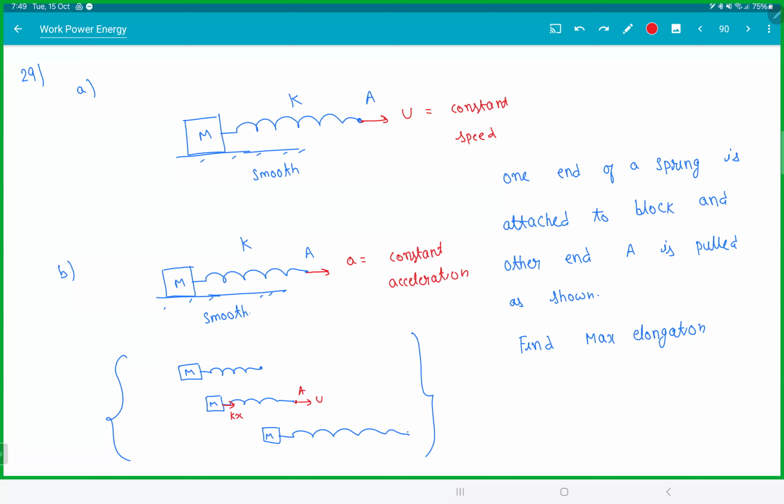Yes, pseudo force will come, because the logic is the same: go and stand on A, but A is accelerating. That means it's a non-inertial frame. That means there's a pseudo force. Then what is the work energy theorem? Work done by external force plus work done by pseudo force is change in kinetic energy plus change in potential energy, or E final minus E initial. You have to include work done by pseudo force.